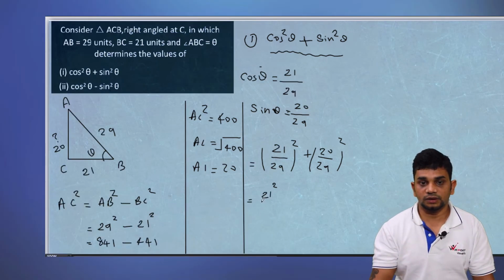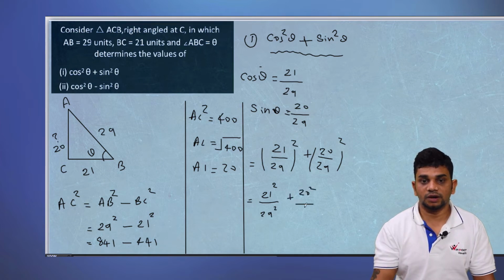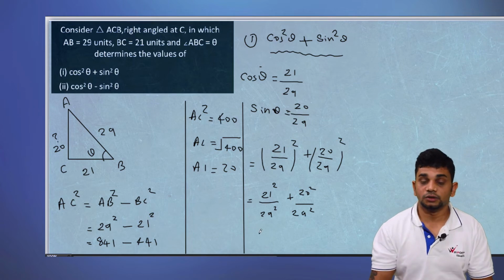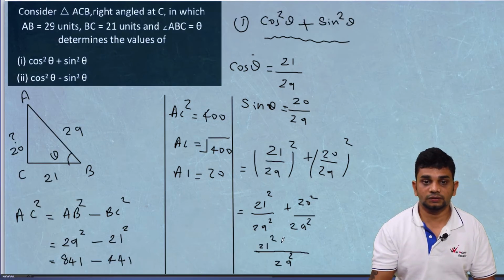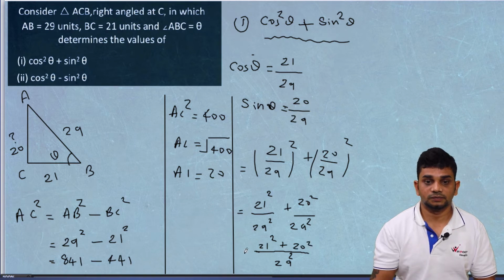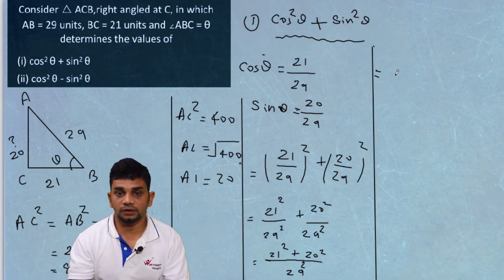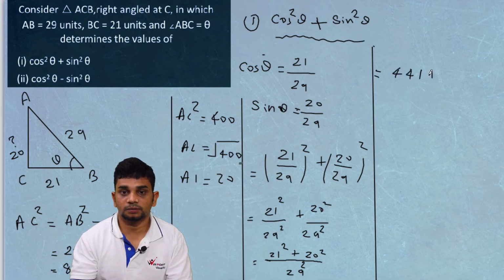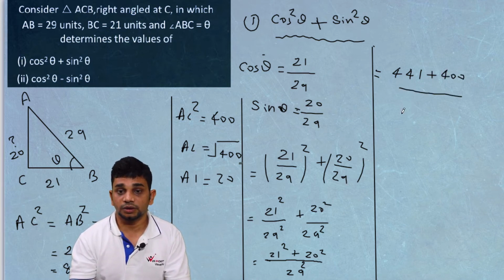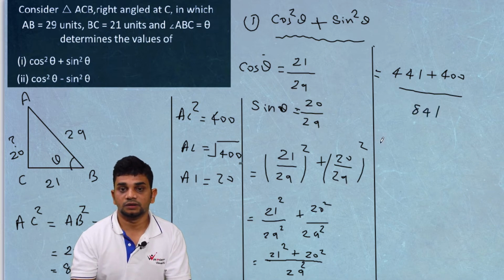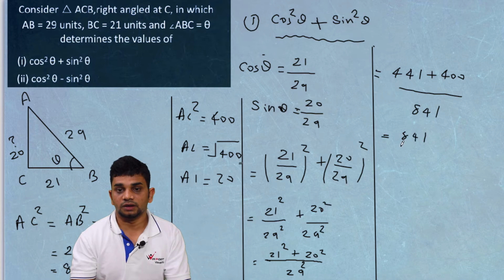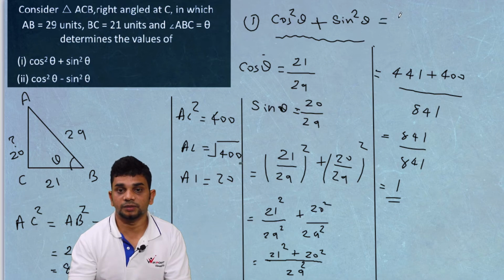It will be 21 square divided by 29 square plus 20 square divided by 29 square. 21 square is 441, plus 20 square is 400, all divided by 29 square, which is 841. So 841 divided by 841 equals 1. So cos square theta plus sin square theta is equal to 1.